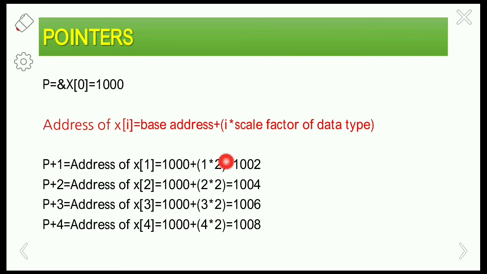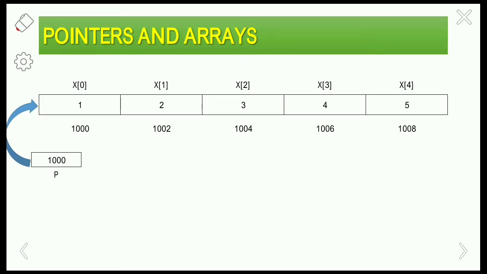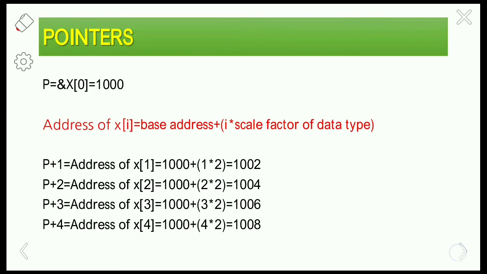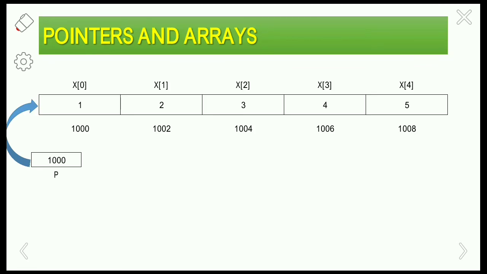Here I am using the integer type, which occupies 2 bytes of memory in a 16-bit machine, and I am using a 16-bit machine, so I take 1 into 2. Integer is 2 bytes, so 1002 will be the answer. That means it will return the address 1002, and the value inside 1002 is 4.